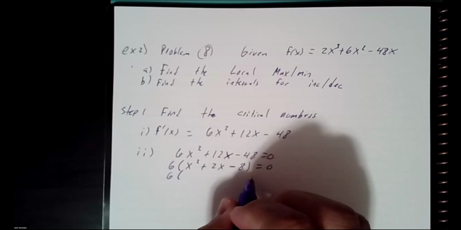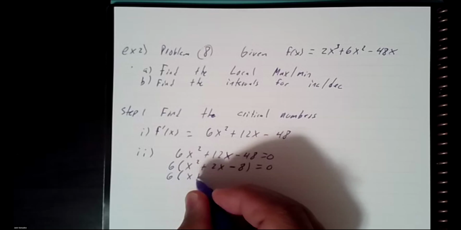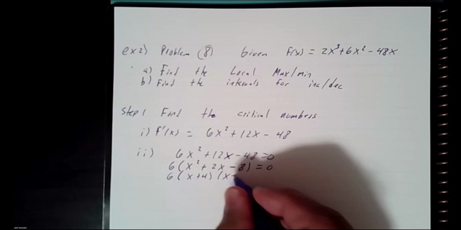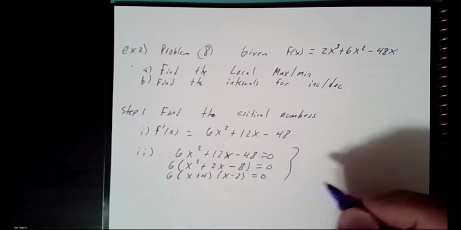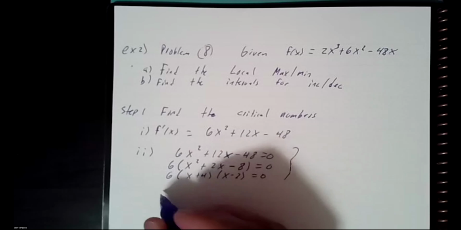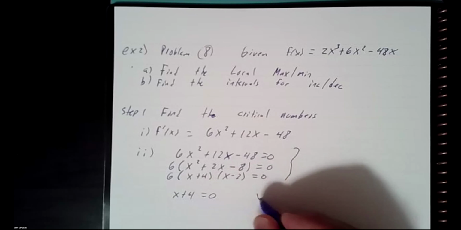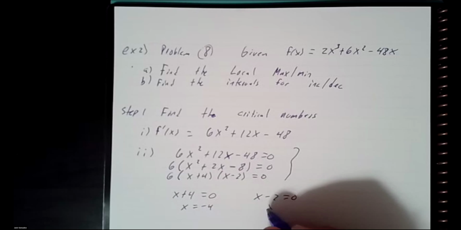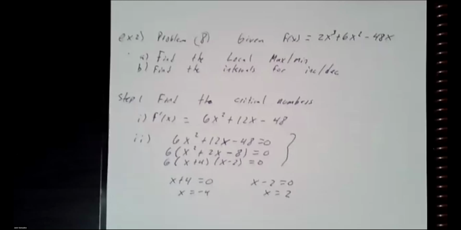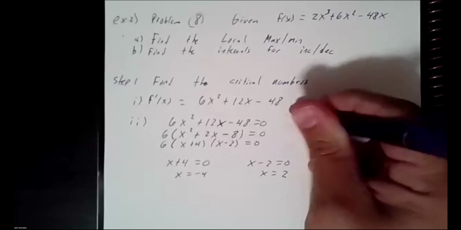Okay, this factors pretty nicely, I think. x plus 4, x minus 2. Which we already knew these numbers based off the graph, right? Any questions on step 1 here?